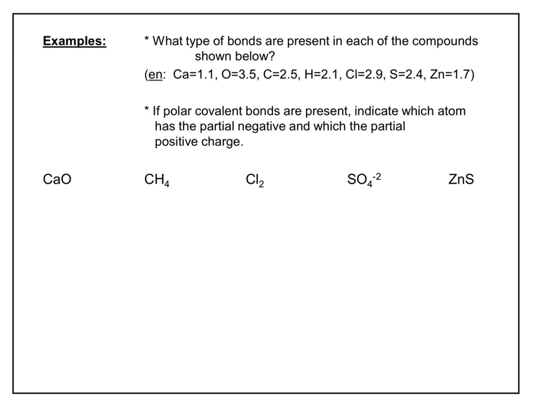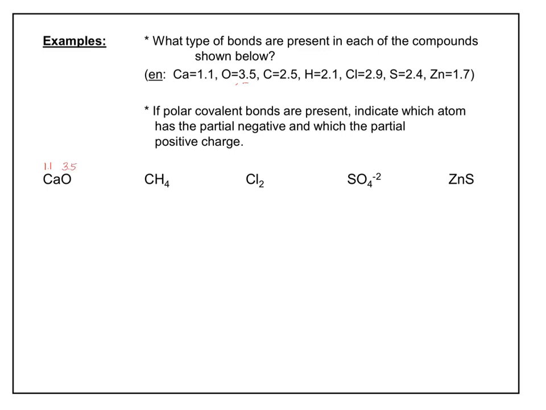So what I would do is I would look up the electronegative values of calcium and oxygen. So calcium has a value of 1.1, so I'll just write that above, 1.1. And oxygen's value, let's look it up, there it is, 3.5.